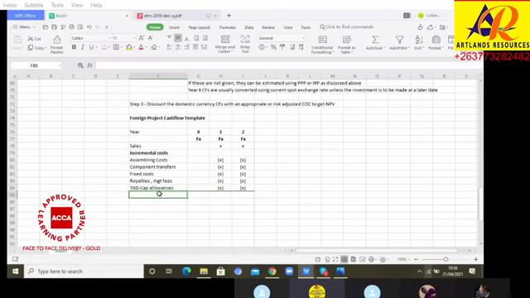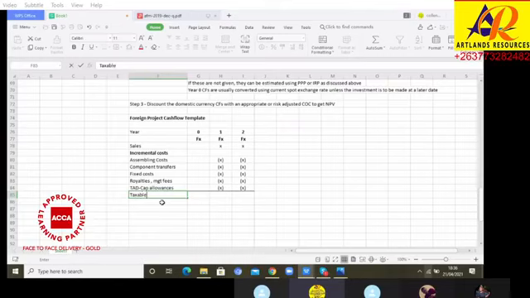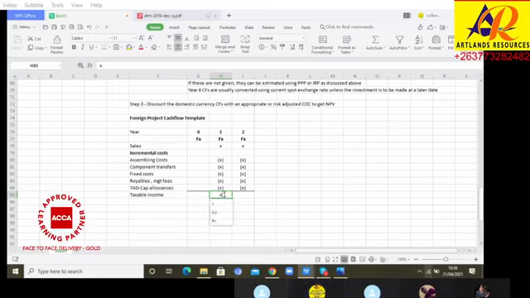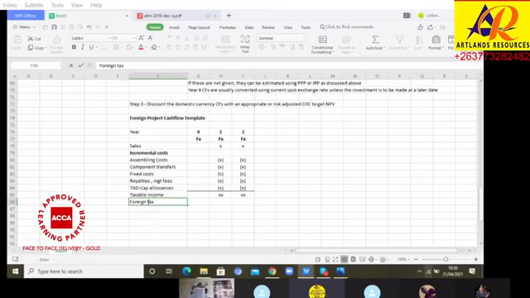I have nothing in year 0, and then I have taxable income. Taxable income is just the result I get here, and then I say foreign tax at Y%.